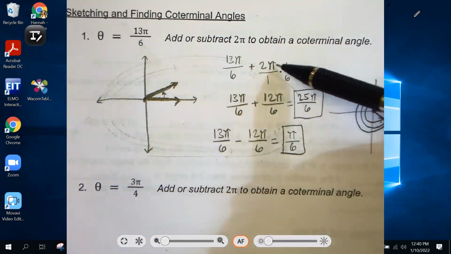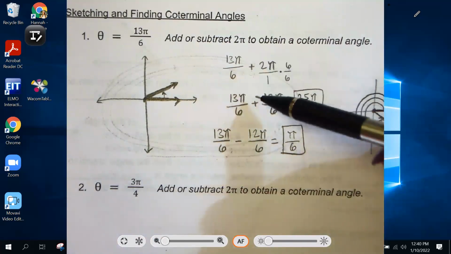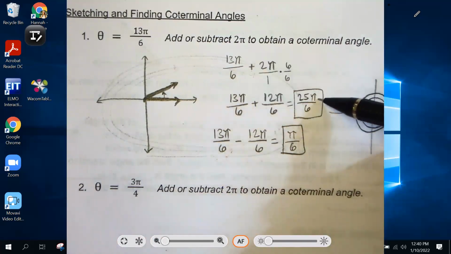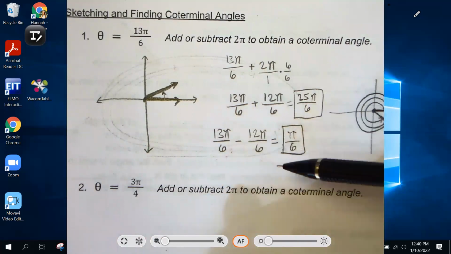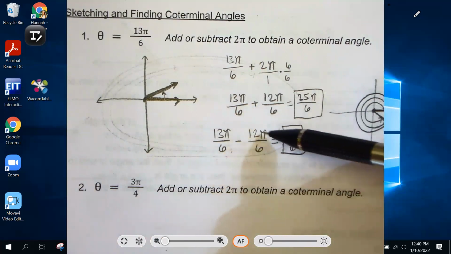I skipped the first step because we added a full rotation and got this coterminal angle, 25 pi over 6. You can also get a coterminal angle by subtracting a full rotation, but I just used the 12 pi over 6 that we got previously.